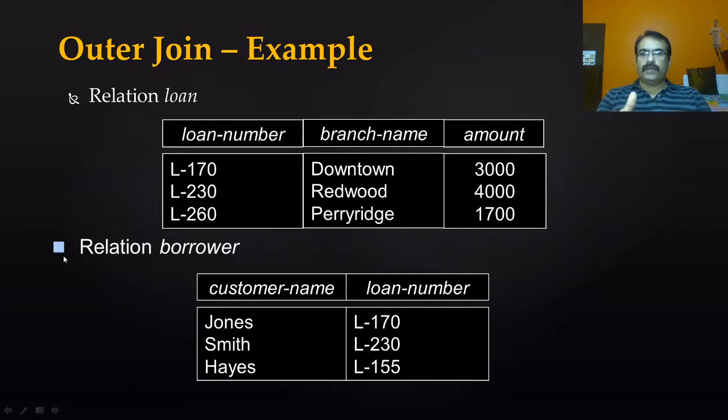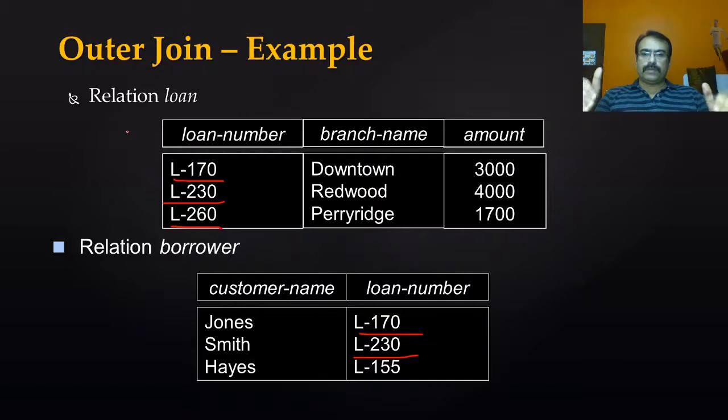So we'll go for an example of this. We have loan and we have borrower. In loan we have loan number, branch name and amount, and in borrower we have loan number. So here you can just keep a few things in mind before proceeding further. We have L170 here, we have L170 here, 230, 230, but we don't have L260 in borrower and L155 in loan.